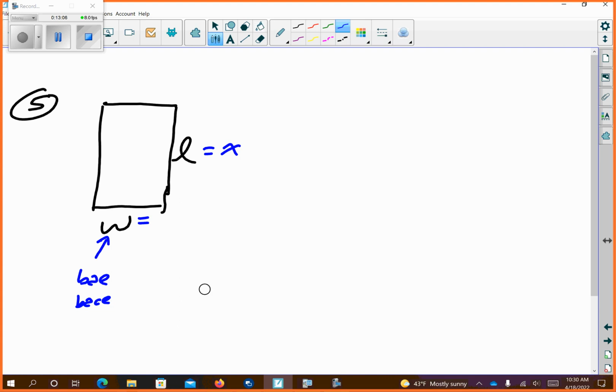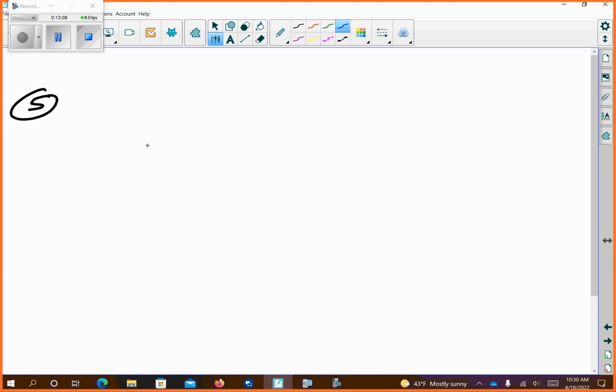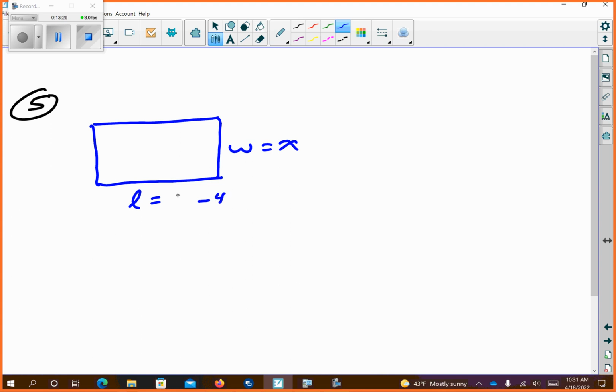You know what, I'm going to redraw this rectangle because I think the rectangle is going this way. We're going to call the width x, and it says the base of the rectangle is 4 inches less than twice the width.